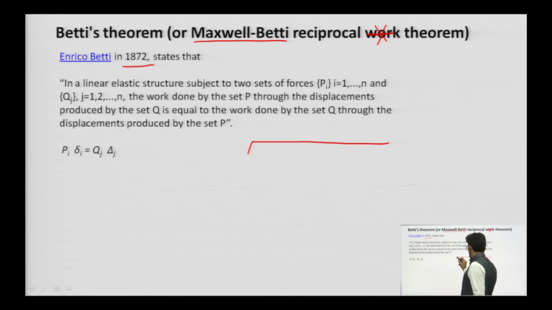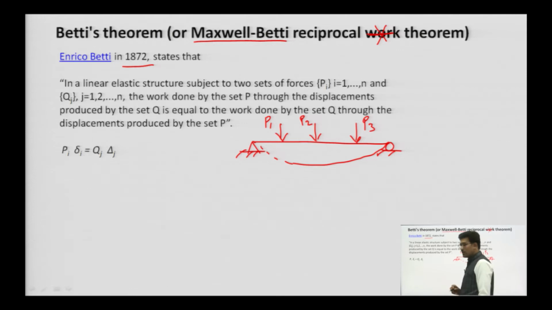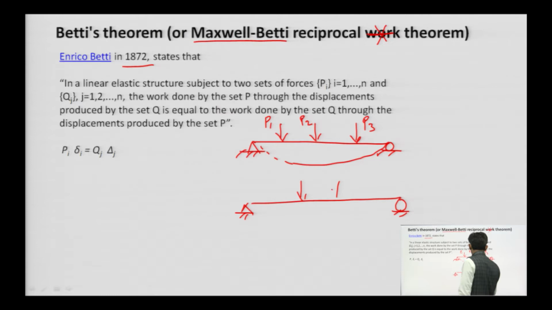if we have two systems of loading, say P1, P2, P3, this is one load system, and say this is the deflected shape, and if in the same structure we have another load system, say Q1, Q2, Q3, and say this is the displacement shape.